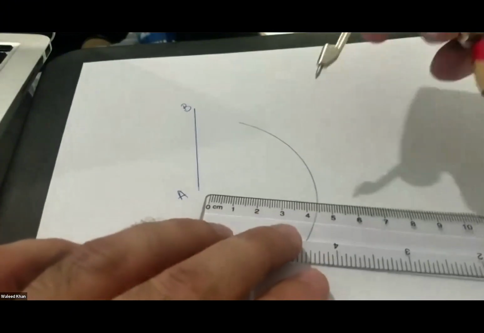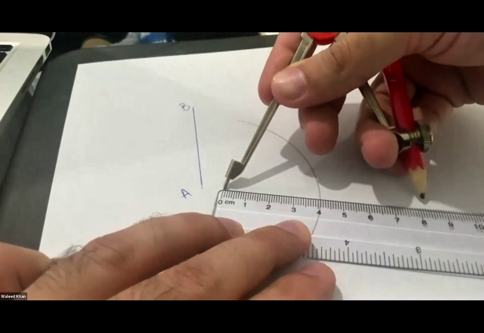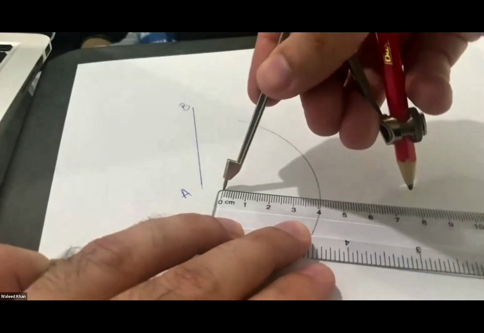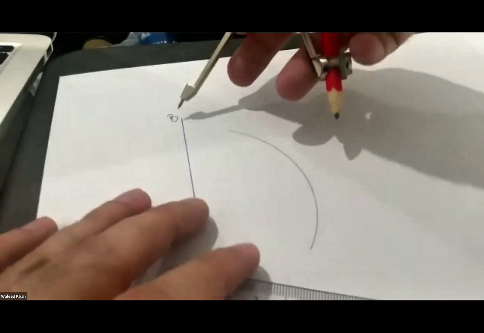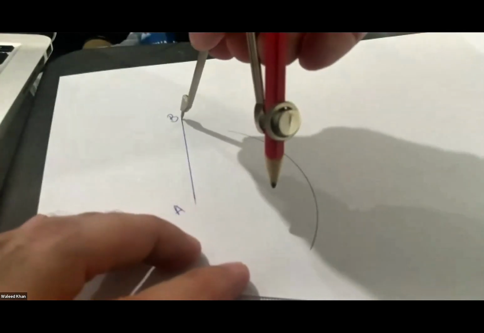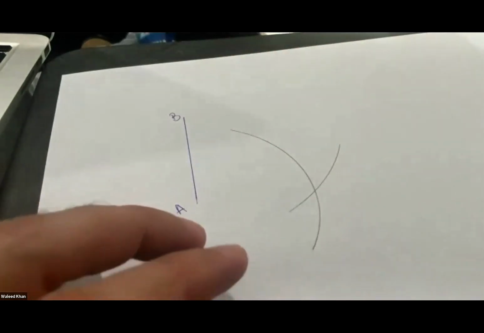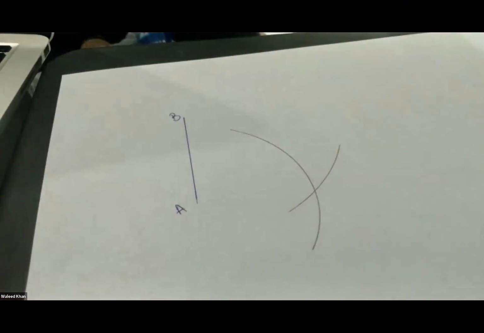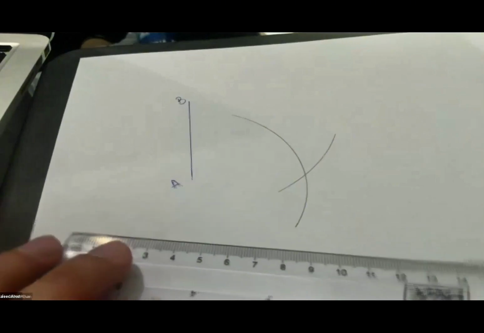So I'm going to open the compass 8 centimeters now. Place it at B and draw another arc. Had it been a smaller arc, then the intersection won't happen, right?